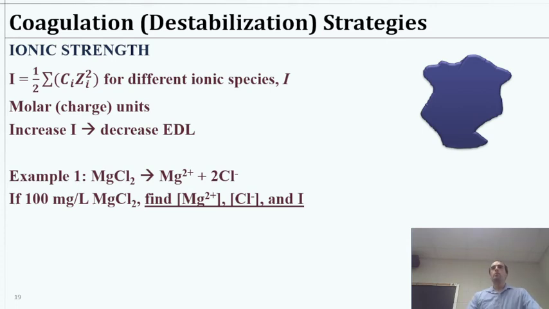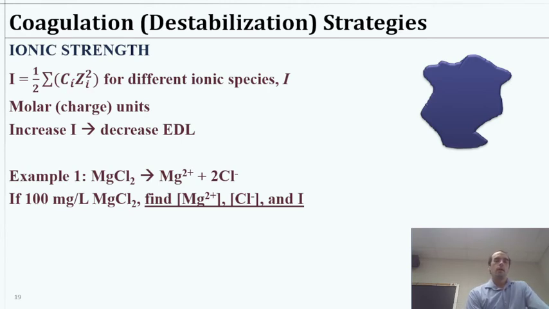Okay, so that brings us to ionic strength. Pretty simple chemistry term. Just a quick reminder, it's a measurement of how much charge is in solution. So we're going to need to do some calculations with ionic strength. We have the formula, ionic strength, or I. It's going to be in molar units, kind of moles of charge per liter, essentially.